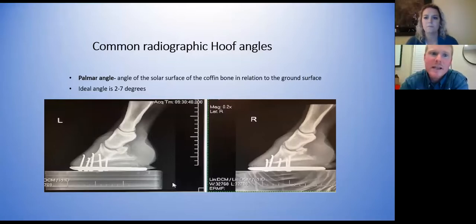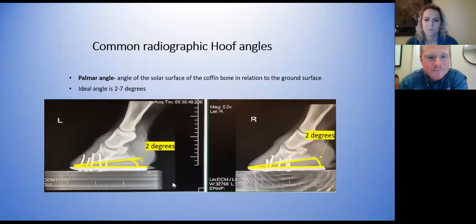And these feet, to me, when you look at these x-rays, you look at what's called the palmar angle. And so that's the number one, looking at the horse's overall balance from front to back, or dorsal palmar, okay, dorsal surface, palmar surface in the back. You look at the angle of the solar surface of the coffin bone in relation to the ground, okay?